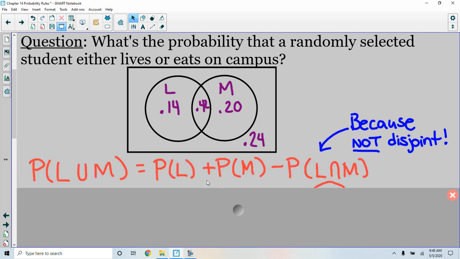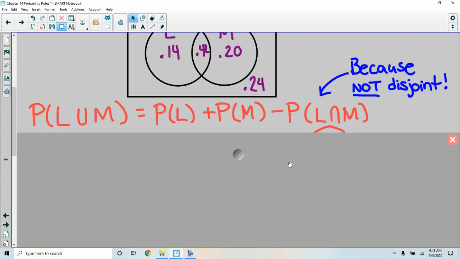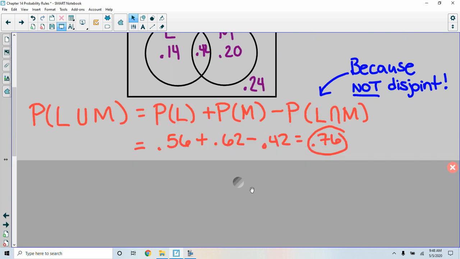So we'll add those probabilities together still, but then we're going to have to take away this amount, the probability that they both happen at the same time, and that's 42%. If we just add 56 and 62 together, we're counting these people in the middle twice, so we need to subtract that once. And what we end up with is a 76% chance that we randomly select somebody who lives on campus or has a meal plan.